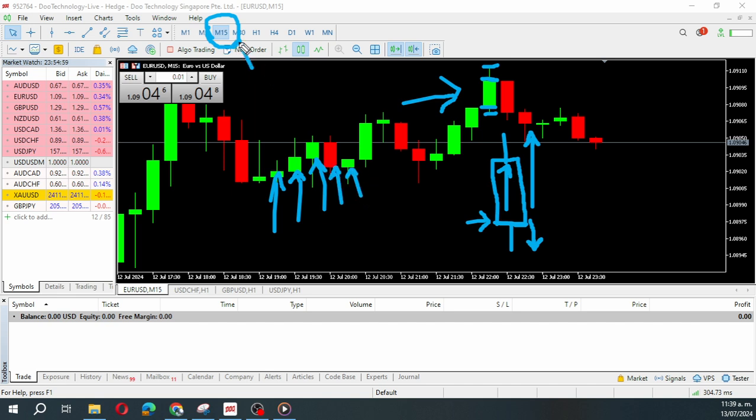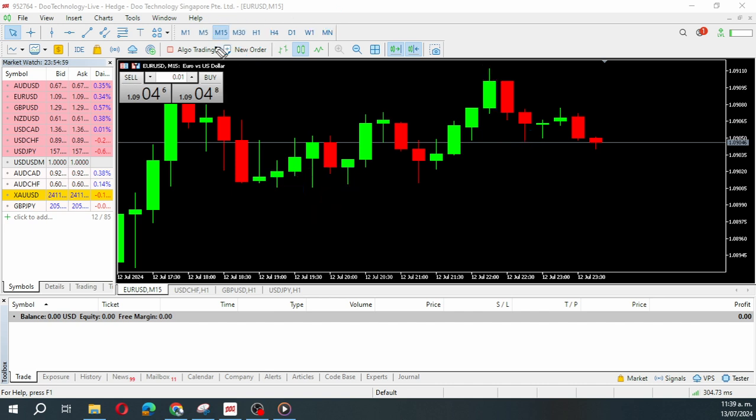Also with the 30 minutes, 1 hour, 4 hour, daily, even the weekly candle and the monthly candle, the candles indicate the time that they were forming.